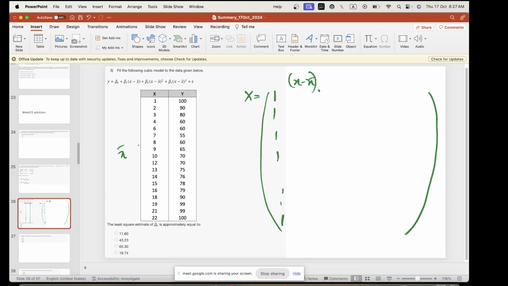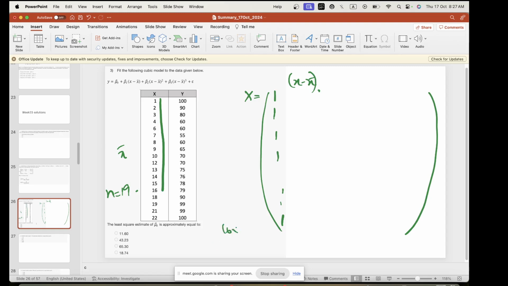How many observations are there? 22. No, I don't think 22 are there. 19 observations are there. N equal to 19. So a quicker way to do it is, 1 to 16 we have something.